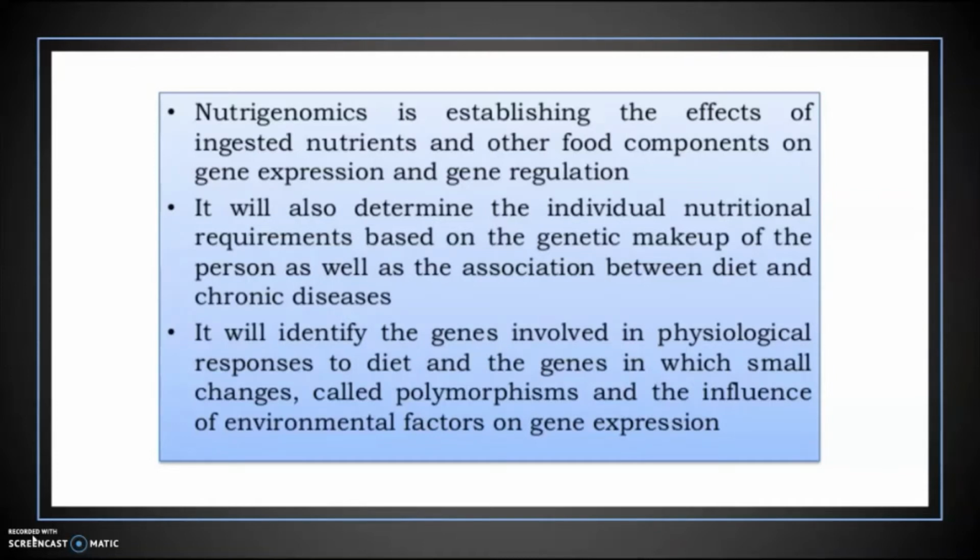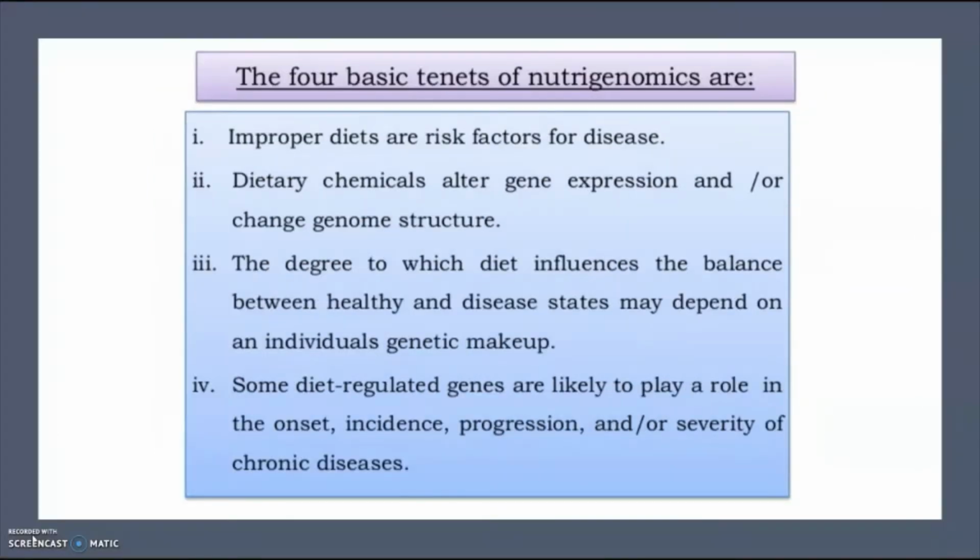So through nutrigenomics, we can identify the particular genes which are mutated and responsible for the various metabolic stress in that body. So through this we can identify the particular genes and the particular nutrient. So the better thing is we can avoid the diet or restrict the diet which causes that damage.